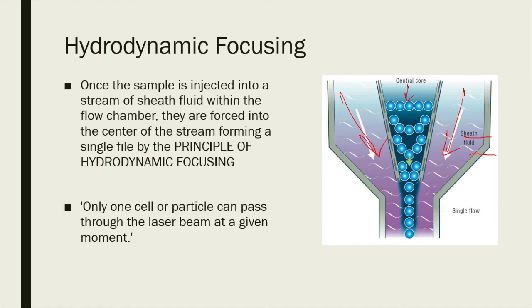What happens is that the sheath fluid generates a hydrodynamic focusing force, basically generating a small tunnel for individual cells to go through one by one. So it's forming a virtual tube in a way. Only one cell or particle can pass through this sheath fluid channel, and correspondingly, if you have a light there, they line up very neatly one by one and are detected and analyzed individually. So that's why it's at a single cell level.